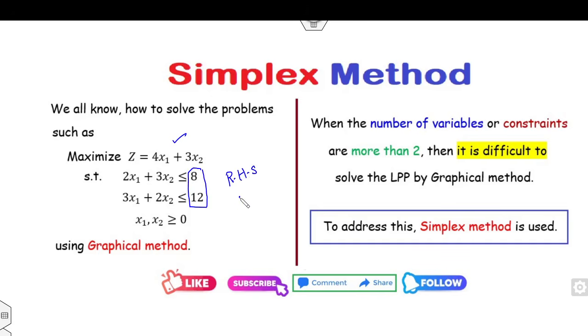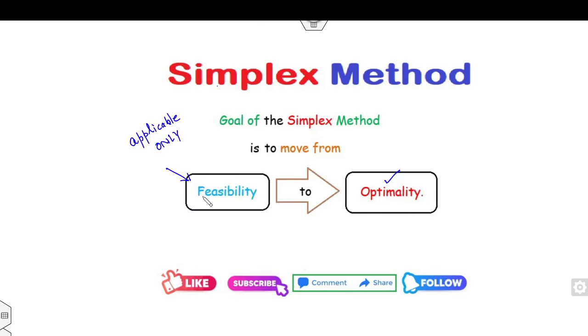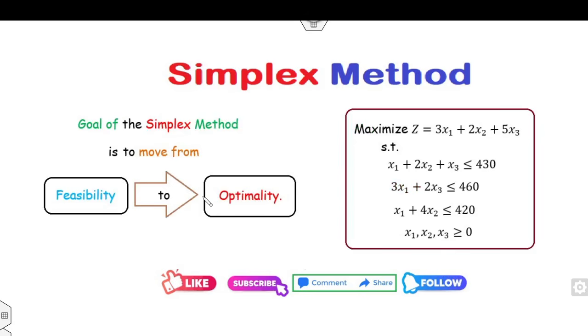Whenever the right hand side is positive, you can assume that feasibility is achieved. For example, in this case, you can see all these right hand sides are positive, so I can say this has a feasible solution. Then your target is to find the optimal solution.